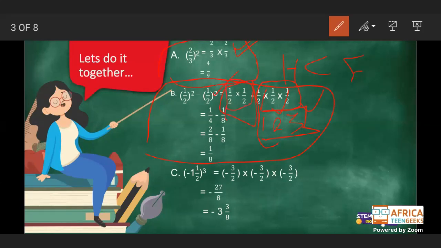We'll say 1 multiplied by 1 equals 1. And then we'll say 2 multiplied by 2 equals 4. So we are done with the first one. All right. So let's go to the second one. When we move to the second one, we'll say 2 multiplied by 2 multiplied by 2, which is 8.